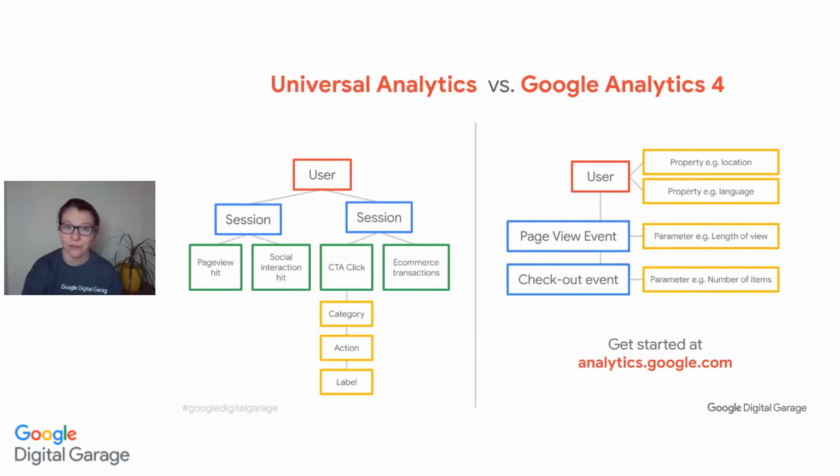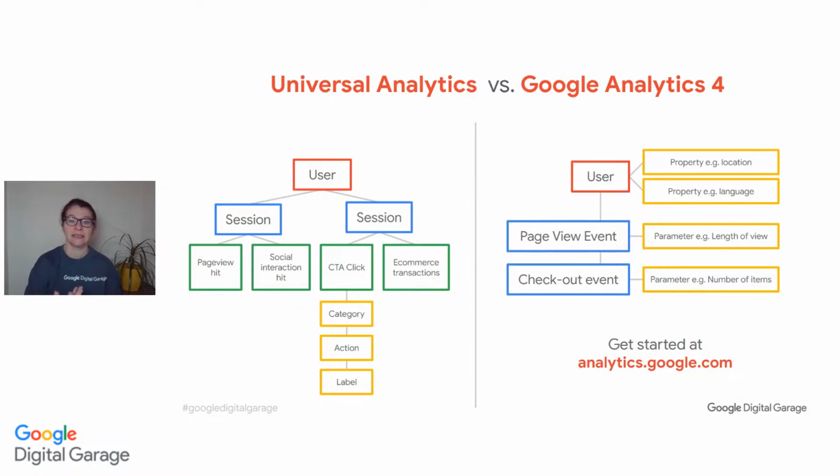Now, you might have joined me today because you've had a notification of a recent update. Some people have been using Google Analytics for a year or more. You might be using an older tool called Universal Analytics.